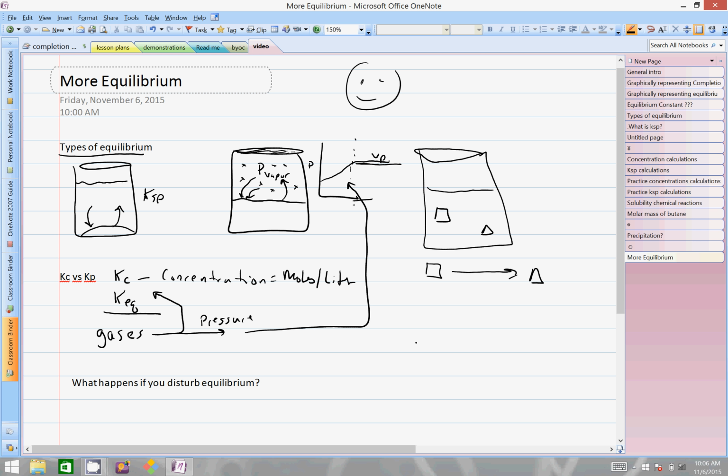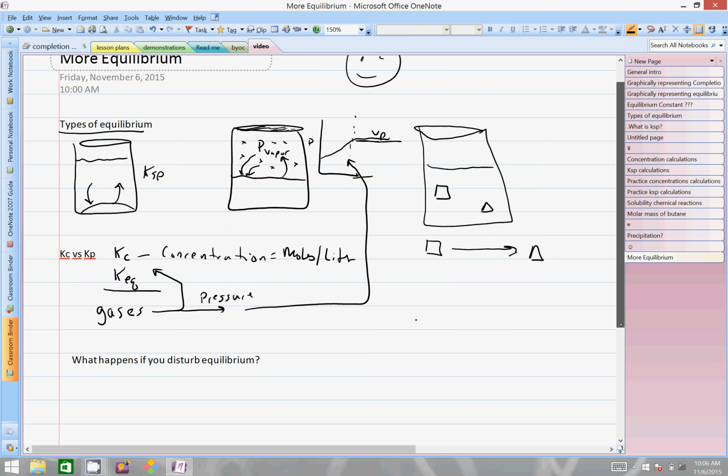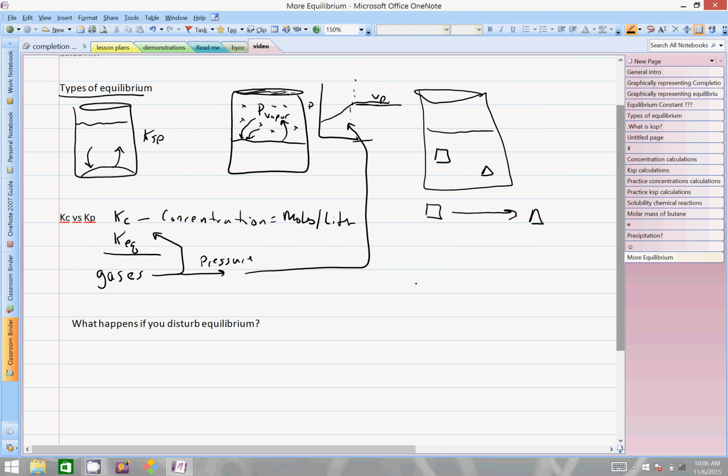So in this case, for this chapter, we want to be able to write K expressions for both pressures and for concentrations. So I could have, for example, A gas plus B liquid yields C aqueous plus 2D gas. So I have a solution here.